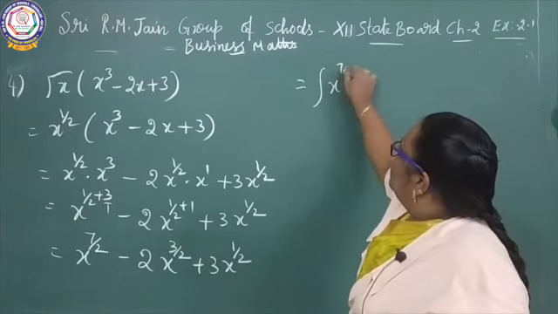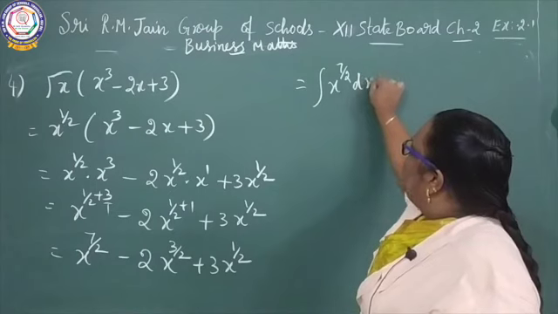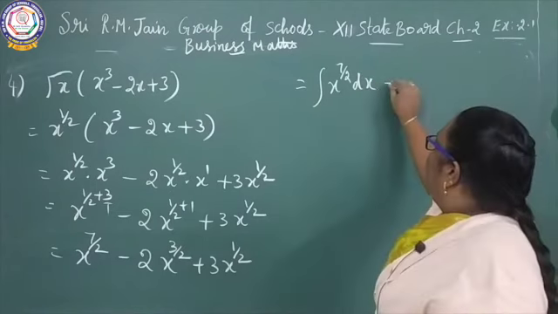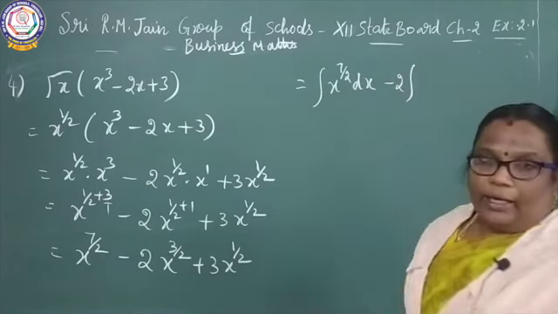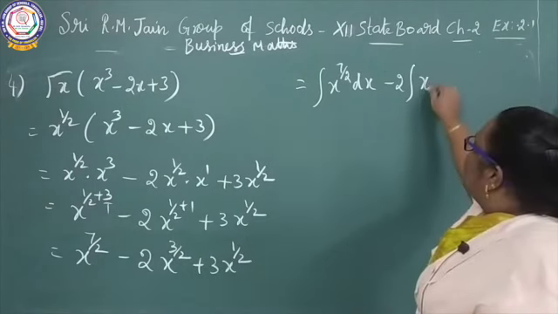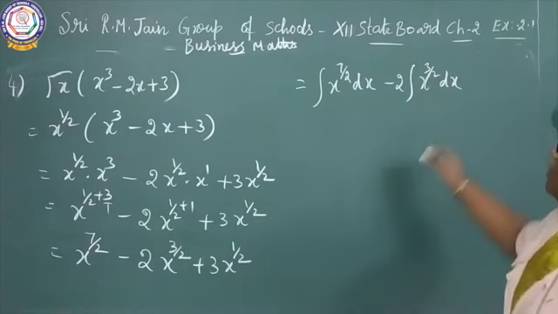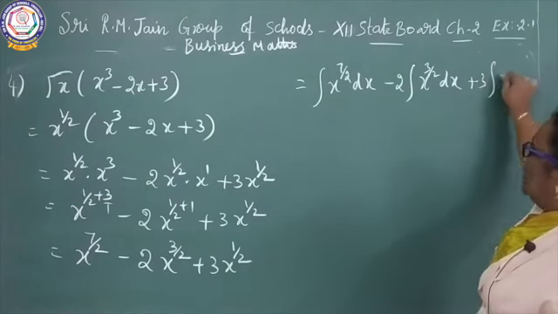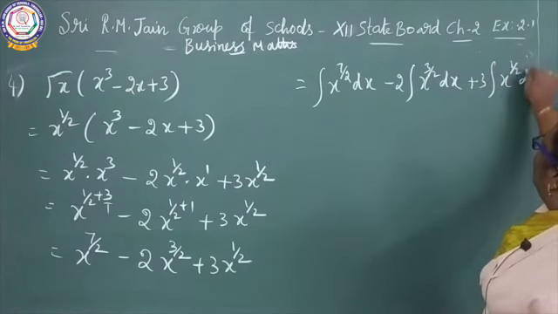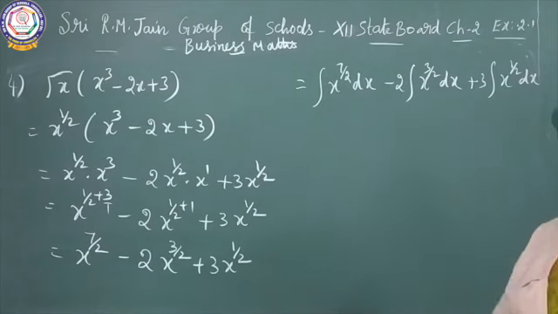Integral of x power 7 by 2 into dx, minus 2 is constant, you can take it out, x to the power 3 by 2 into dx, plus 3 constant, you can take it out, x to the power 1 by 2 into dx.